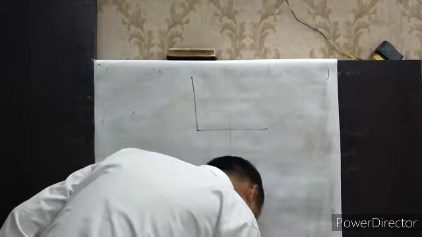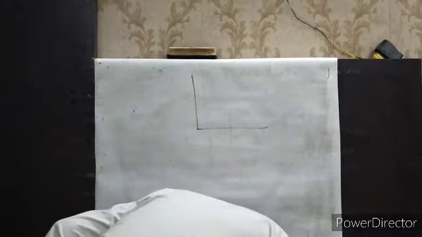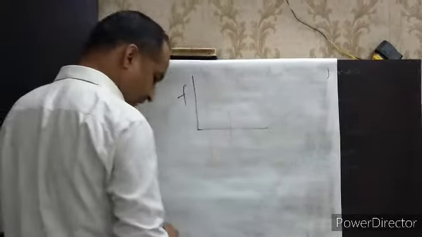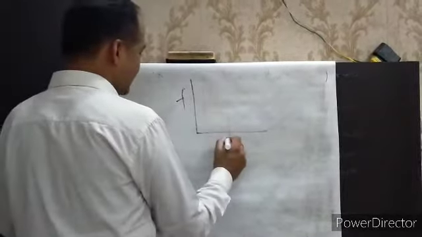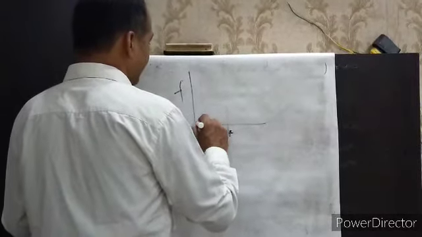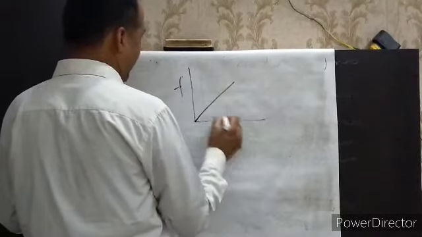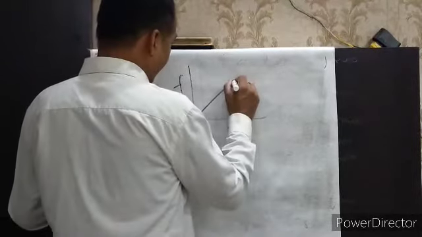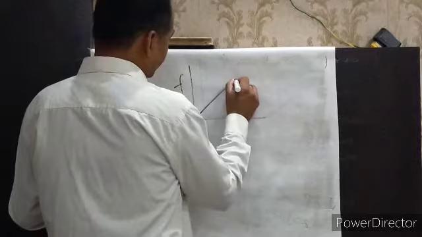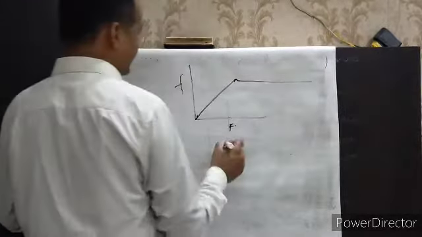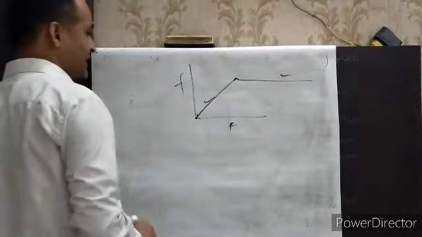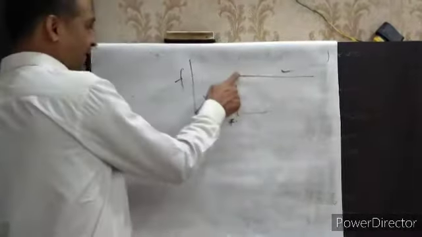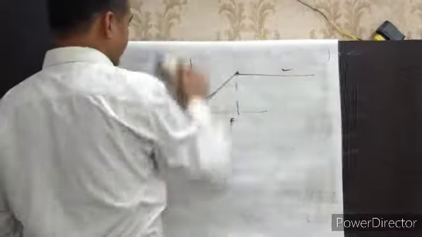This is the friction force, small f, and this is the applied force. As we increase the applied force capital F, the friction force will increase. It will become maximum, then slightly decrease and then become saturated. This is called kinetic friction, this is called static friction, and this one is called limiting friction. Is it clear? Limiting friction, static friction and kinetic friction.